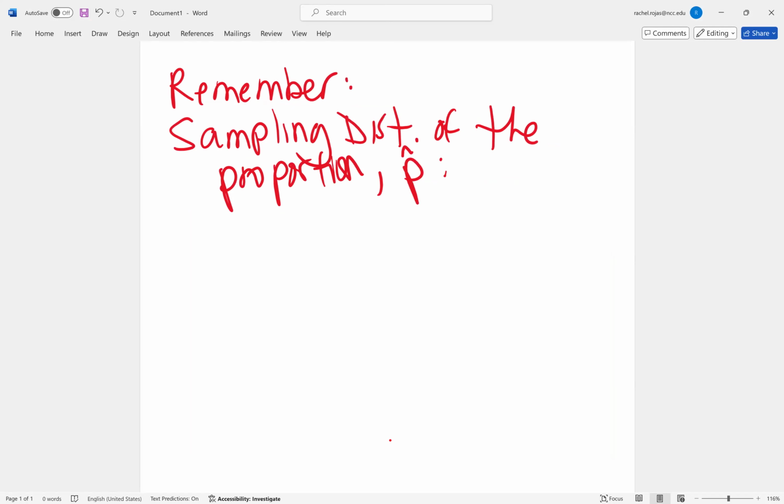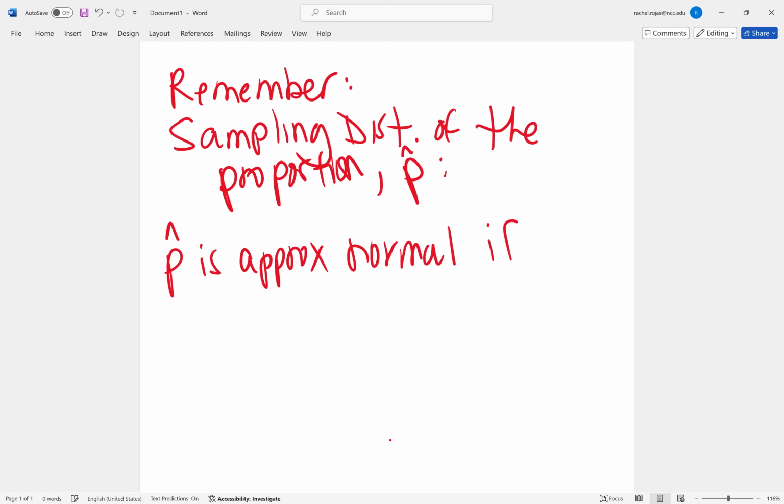P hat is approximately normal if n times P is greater than 10 and n times 1 minus P is greater than 10. So remember that central limit theorem for sample proportions.